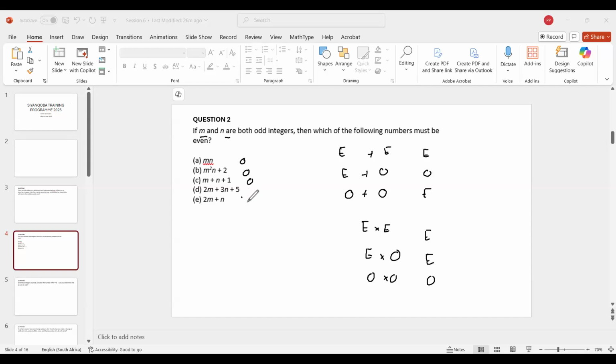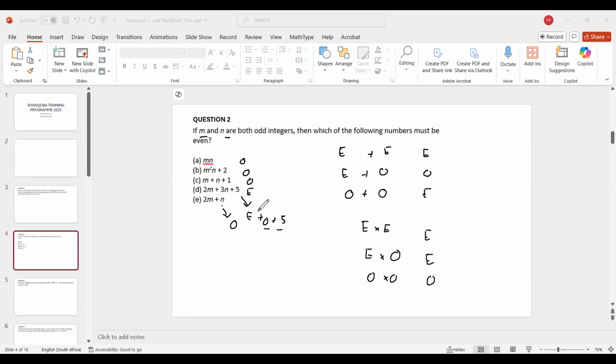So this one here, you need to think about. This is even plus, now n is odd, and 3 times the odd is odd. Then you're adding 5 to that, so you have odd plus odd, which is even. And that is even, so there you have even plus even. And this one here is an even plus an odd, so this is odd.